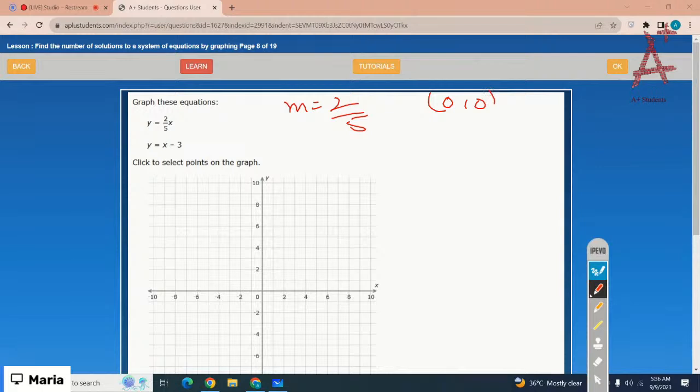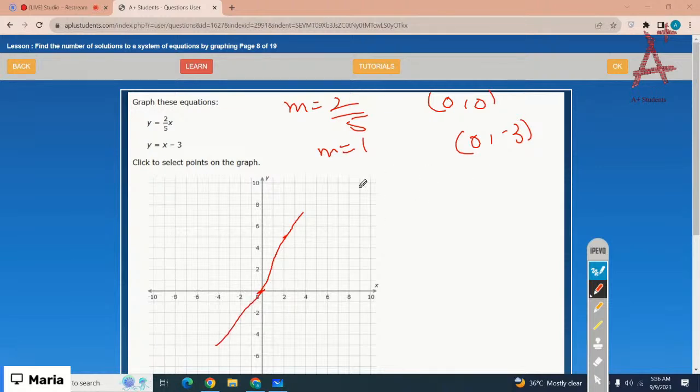The line is passing through the origin, right? For the second equation, the slope equals 1 and the y-intercept is 0, negative 3, right? Okay, 0, 0, the first one is here. And the slope is 2 over 5, that means move right 2 points and move up 5 points. Here is the equation, right?